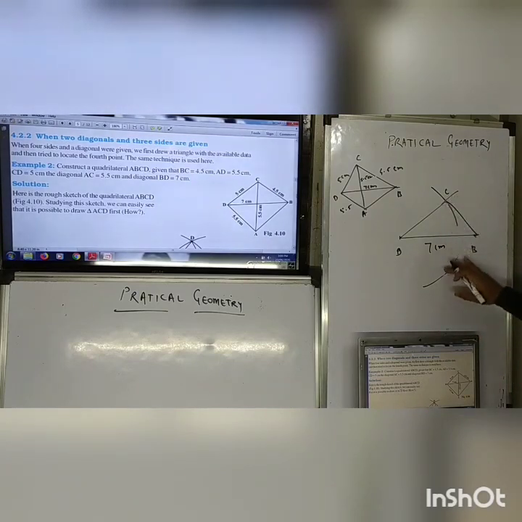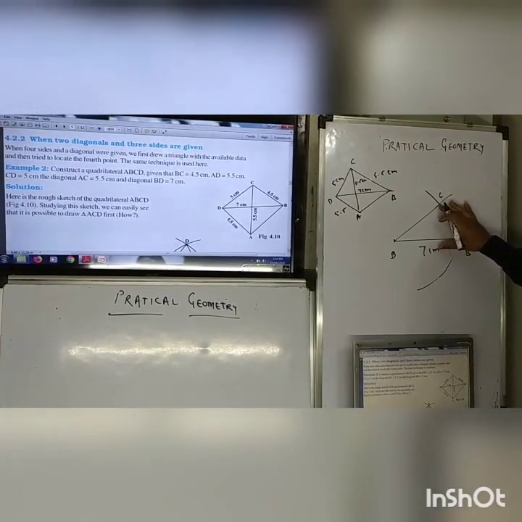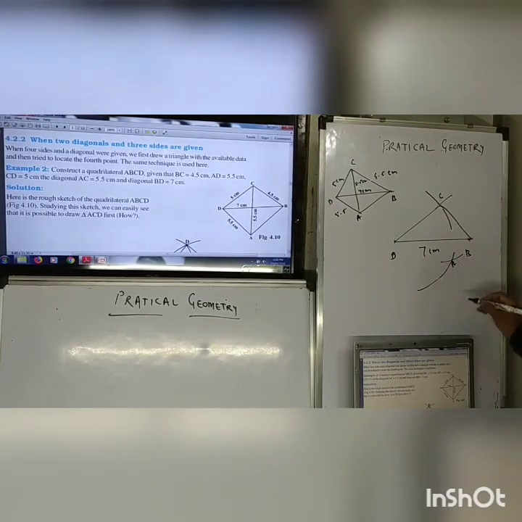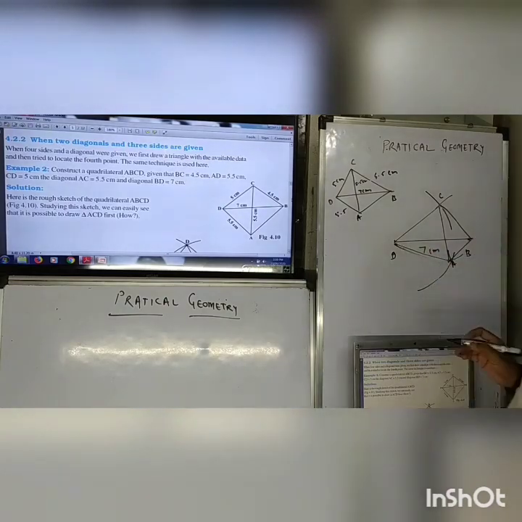Now from point A, the diagonal AC is also 5.5 centimeter. So put the metallic end of the rounder at C, take 5.5 centimeter and draw another arc intersecting the first at point A. Now this is AC and this is AD, and this is quadrilateral ABCD having the given specification.